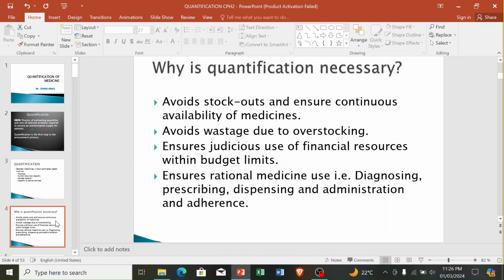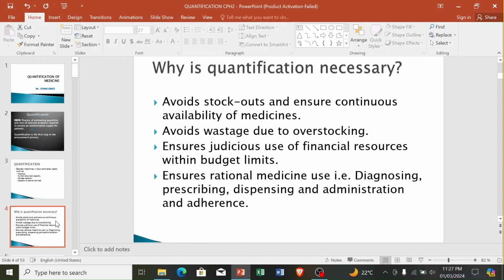Then in prescribing, we are able to inform the prescribers of available medicines in stock, so that they make the right decision when prescribing, other than prescribing what is not available. They are also able to choose the right treatment for the patient, either first line, second line, or third line, based on what is present in the store or in the pharmacy.